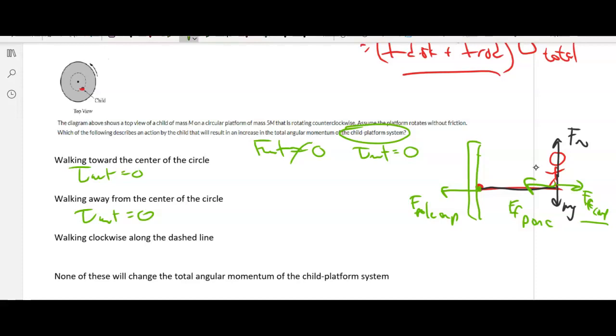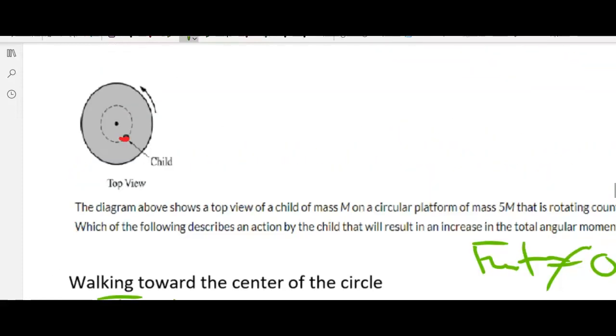What about if the person was standing and it says walking one direction here? So what are the forces? So here, if I go this direction, then I have the force of friction of the platform on the child that way. And then Newton's third law, I also have the force of friction of the child on the platform going that direction. Hey, these are creating a torque.